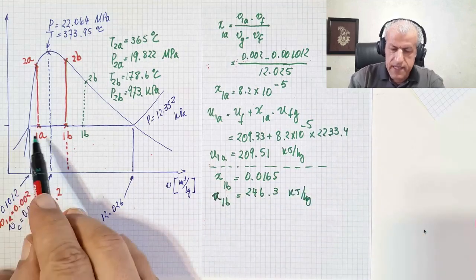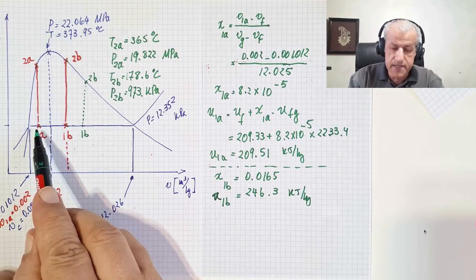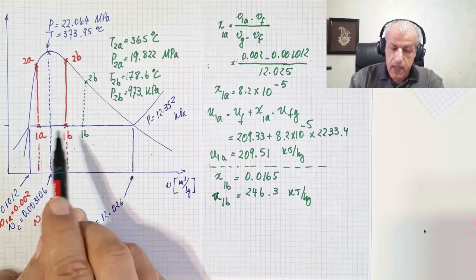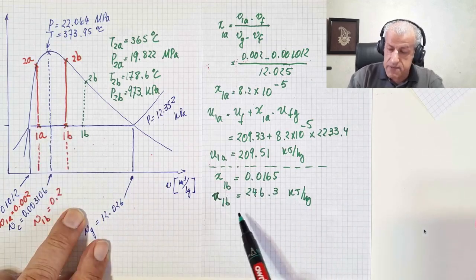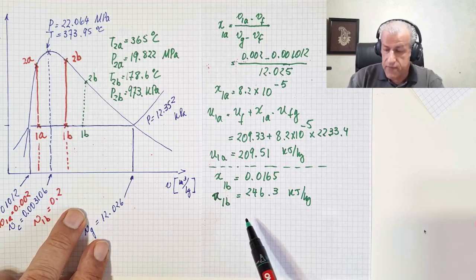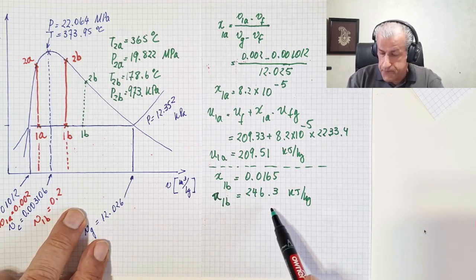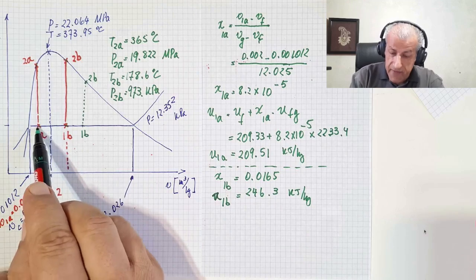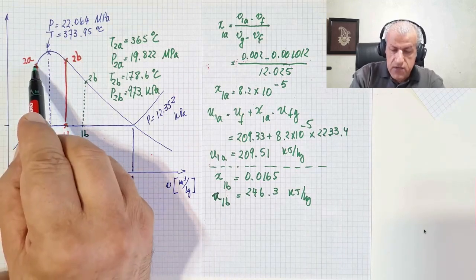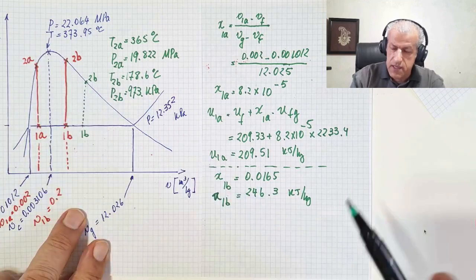So for this point, the specific energy is 209.51, and for this point, the specific energy is 246.3. So we have energies for our initial conditions. Our energies for final conditions, you could read them from the table.